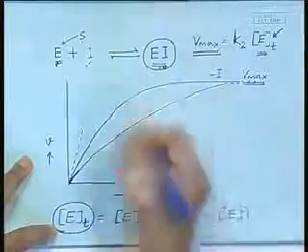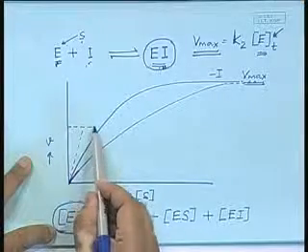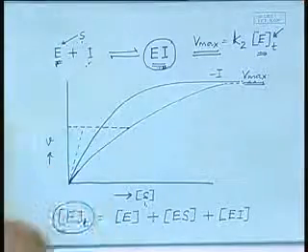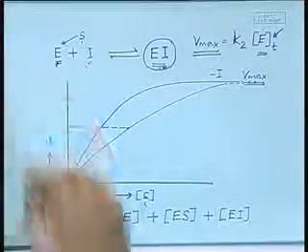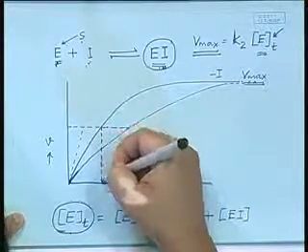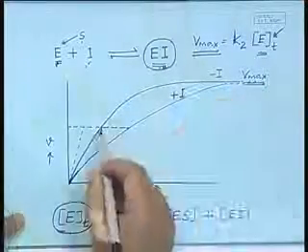What is going to happen to my Km? I go to half of Vmax now, which is approximately this point here. This is my Km value without the inhibitor.